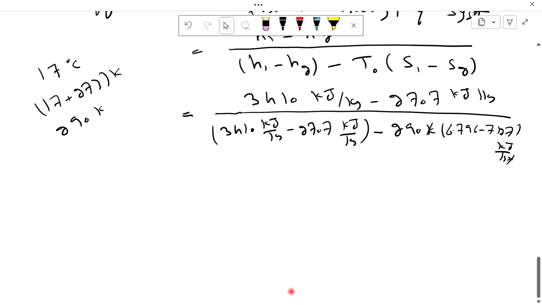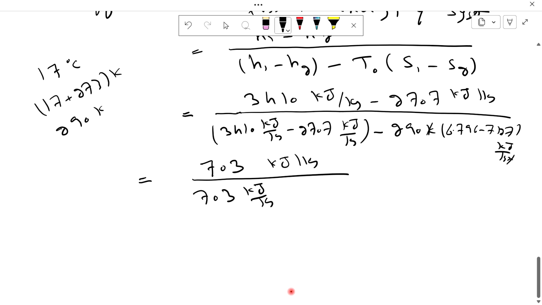So 3410 minus 2707 is equal to 703 kilojoule per kilogram, divided by 703 kilojoule per kilogram minus (6.796 minus 7.127) multiplied by 290, which is equal to minus 95.99 kilojoule per kg.